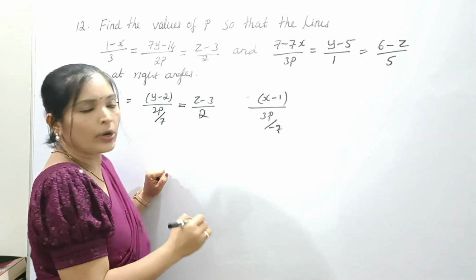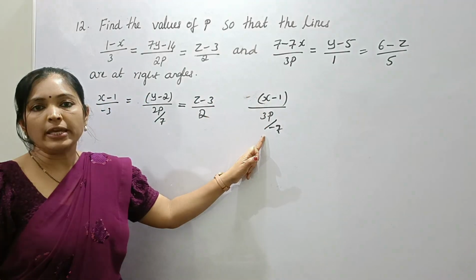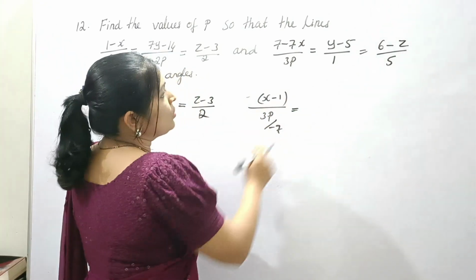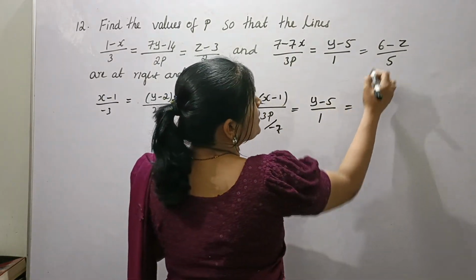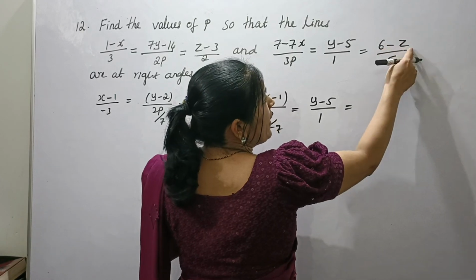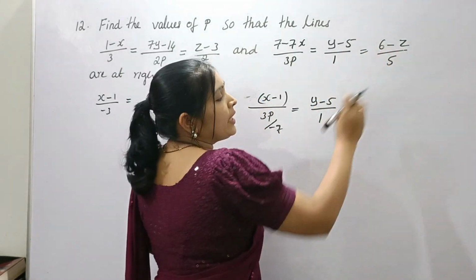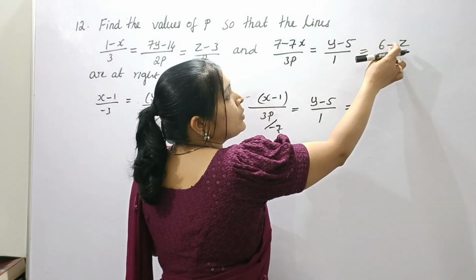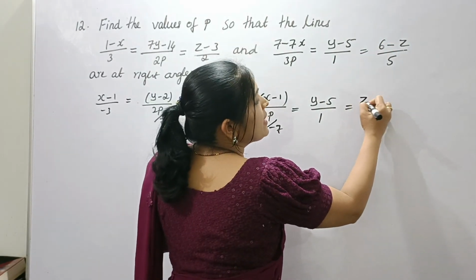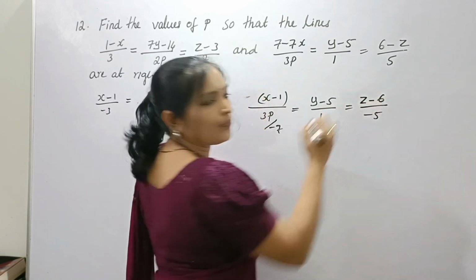Now it is in the form (x minus x1) divided by a, that is equal to (y minus y1) divided by b, that is equal to, here see, 6 minus z, it should be in the form z minus z1. Therefore here we have to take minus outside, so it will be (z minus 6) divided by minus 5.